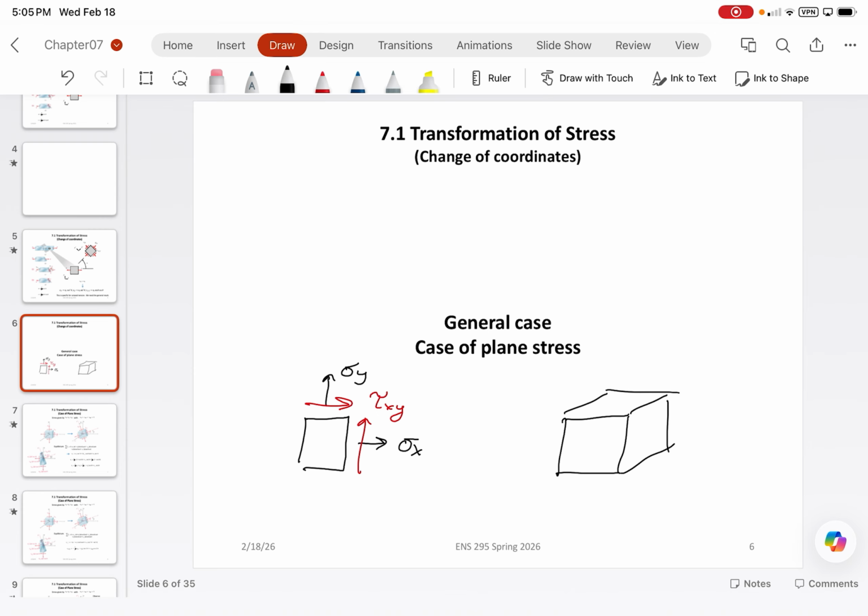where you may have a sigma x, a sigma y, and a sigma z, and then like tau xy. You might have tau yz, and then like tau xz.